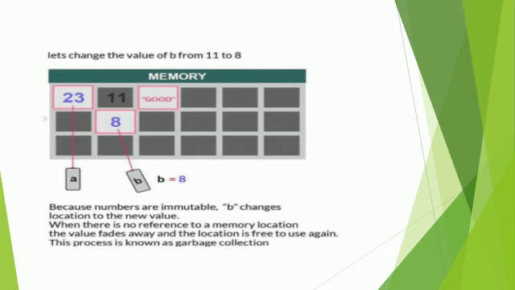Now coming to an example. Imagine there are two values, 23 and 11, and you want to change the number from 11 to 8. What happens to it? Actually, b changes location to the new value, and the old one that was used before is going to be removed.